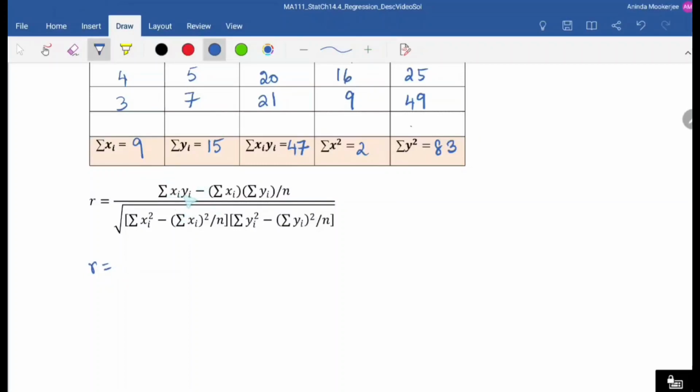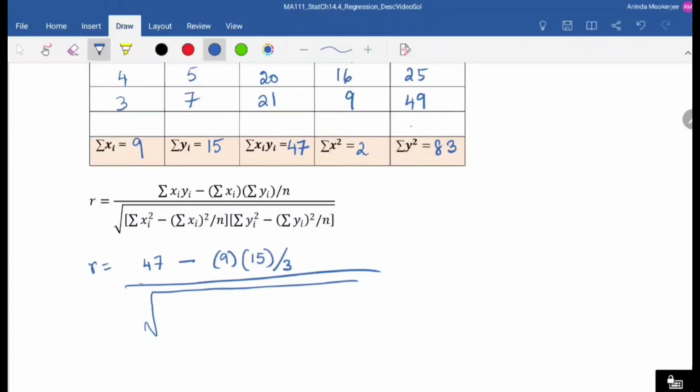So sigma xy is this 47. That comes first. Then minus sigma x, which is 9, multiplied by sigma y, which is 15, divided by n, which is 3. And then in the bottom we have sigma x squared. So here, let's break it down.